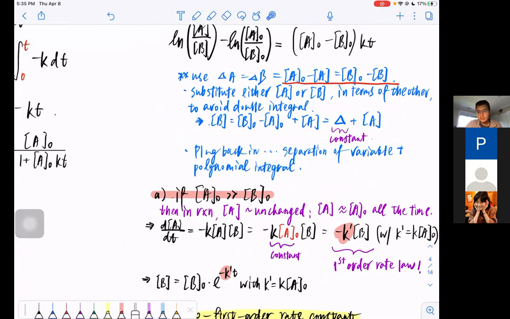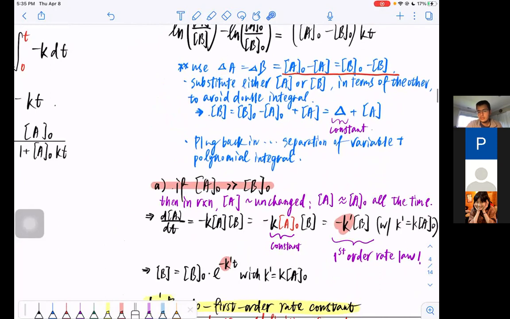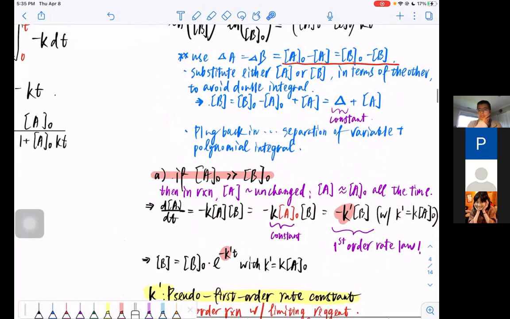So this concentration term essentially stays unchanged during the reaction. Then we can replace this term by the initial concentration, because it's not going to change that much. That enables us to combine these two terms into a new constant, K prime.